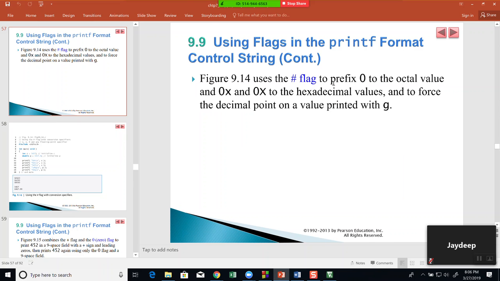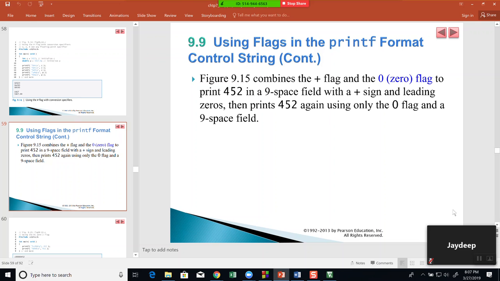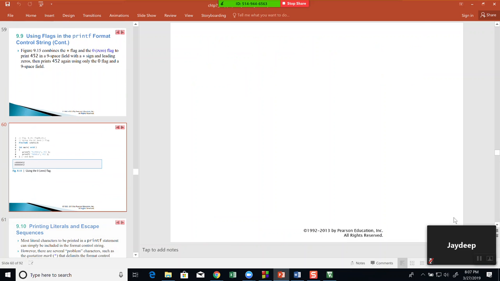The pound flag prefixes a 0 to the octal value, assuming that's a 0 and not an O, and 0x, I think that's an uppercase X, to the hexadecimal values, and forces a decimal point on a value printed with G. So, again, some more specifiers. These making sense? Kind of boring, but not all programming is exciting.